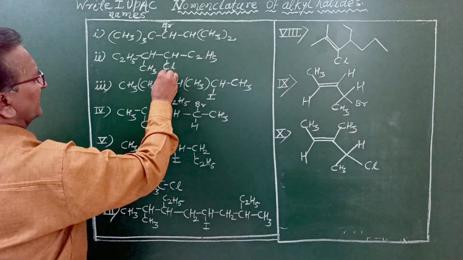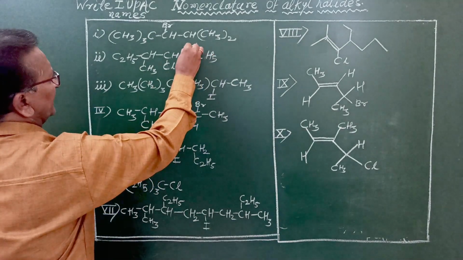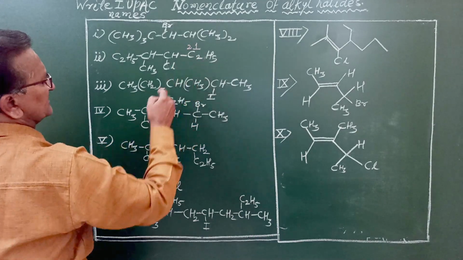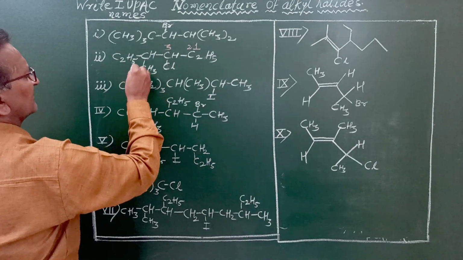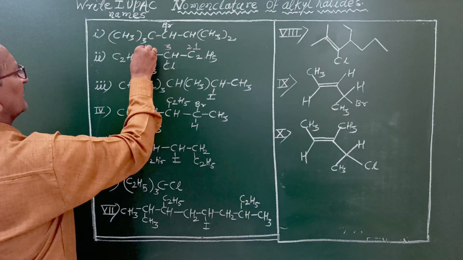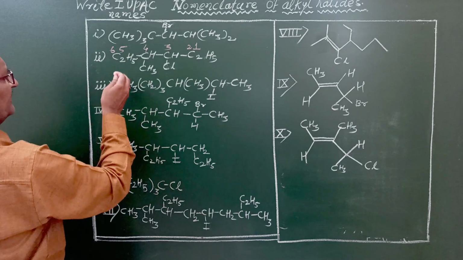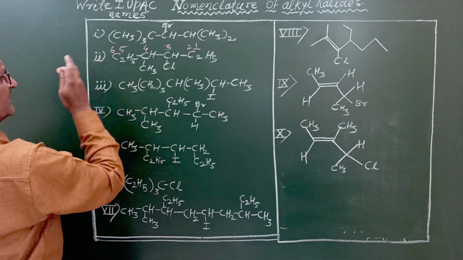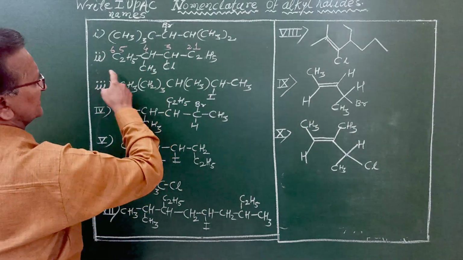So here the halogen atom is nearest to this end. Here there are 2 carbon atoms. We know that C2H5 can be expanded as CH2CH3, carbons 1 and 2. This is third, this is 4. This is carbon number 5 and 6. Therefore, the total number of carbon atoms in this longest continuous chain is 6.